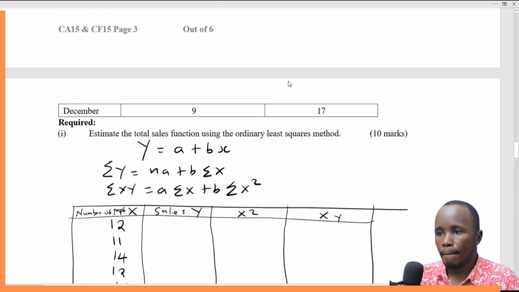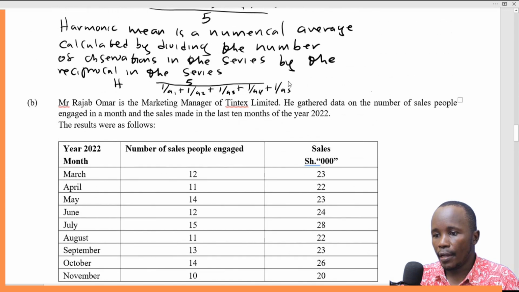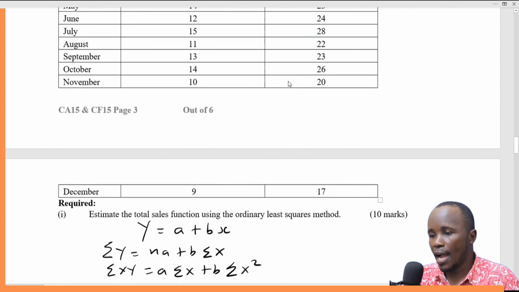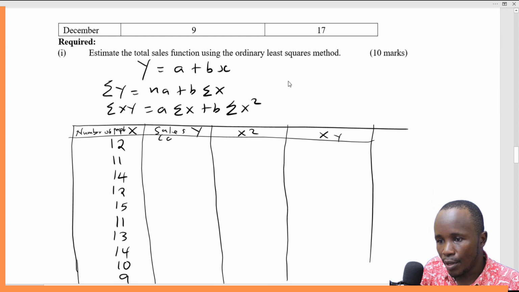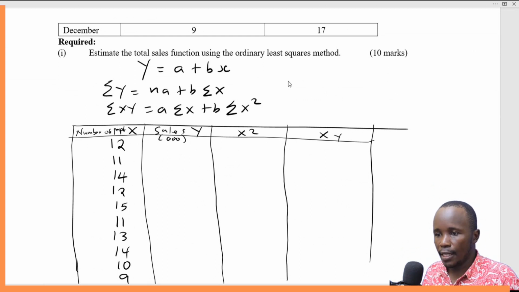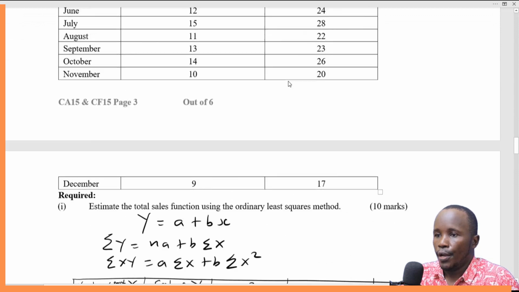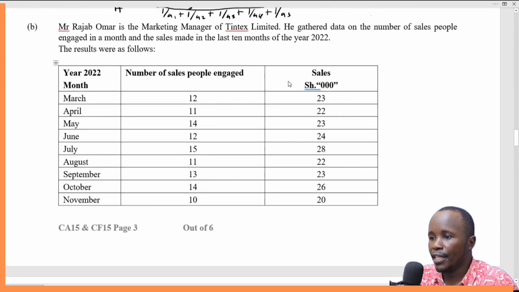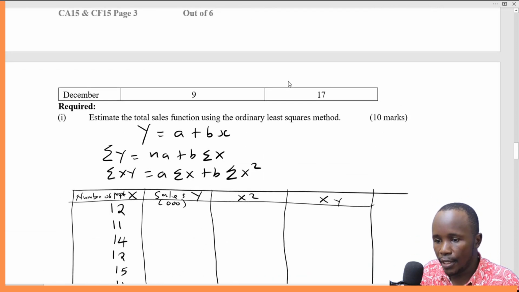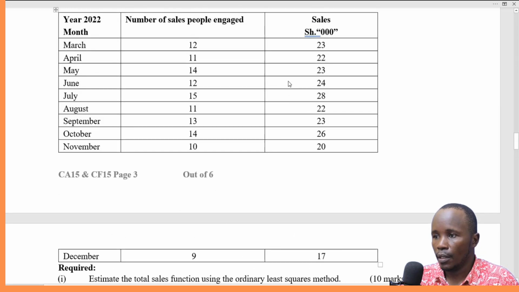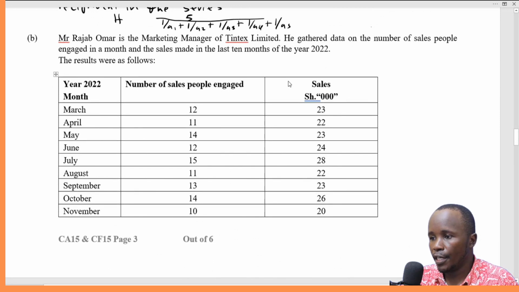Y, we are going to have 23, 22, 23. Remember, this y is in thousands. When we come to work out, we shall use that later. Then 23, 22, 23. Then we have 24, 28, 22.